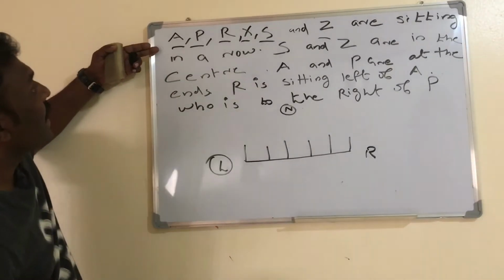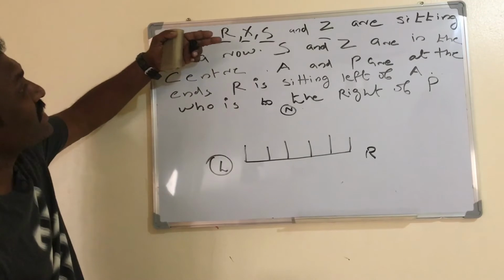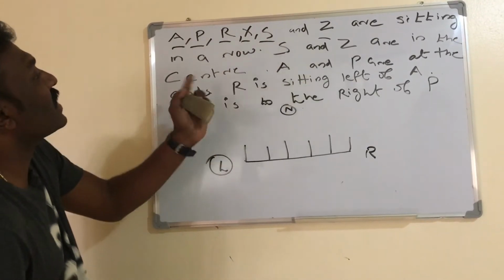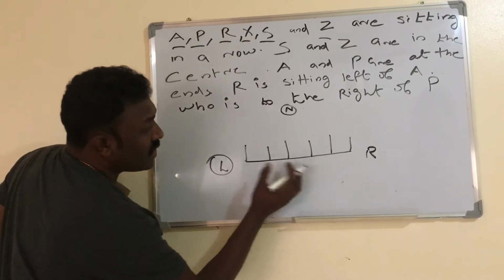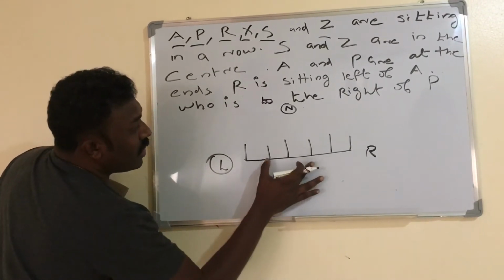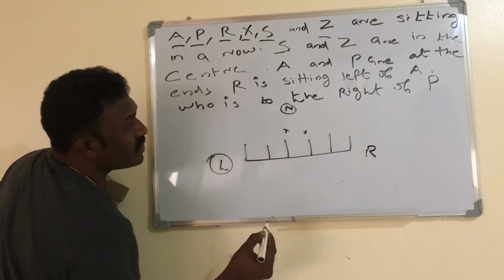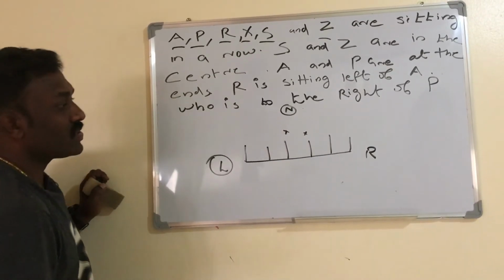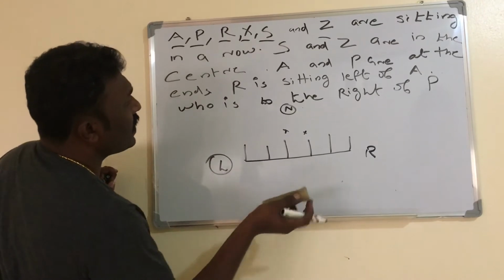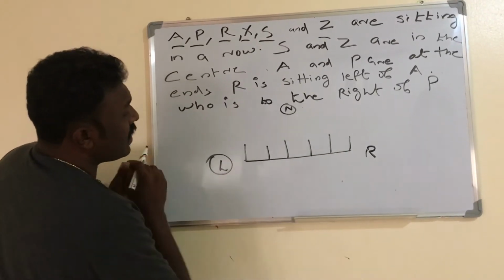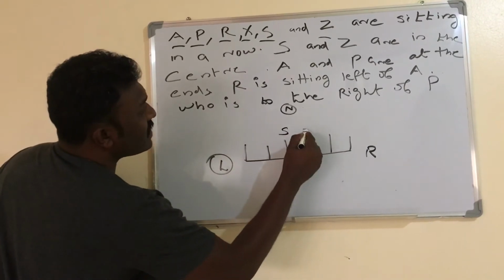They have told A, P, R, X, S and Z are sitting in a row. S and Z are sitting in the center. Center means, here there are 6 people, so these two will be the center. We don't know, maybe S will sit here and Z will sit here.